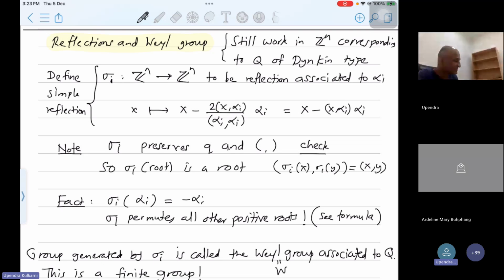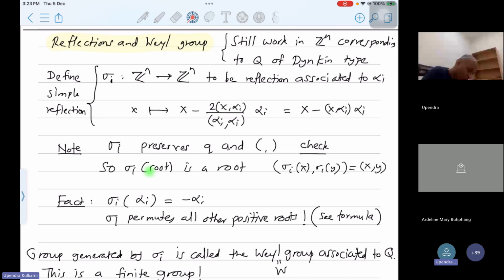This is something that is going to take an orthonormal basis to an orthonormal basis. Of course, it's going to preserve the form, right? A plane that is perpendicular to alpha is staying to itself, and alpha is going to minus itself. So clearly this preserves lengths and angles. So this preserves the form. If you don't like what I just said, do the calculation.